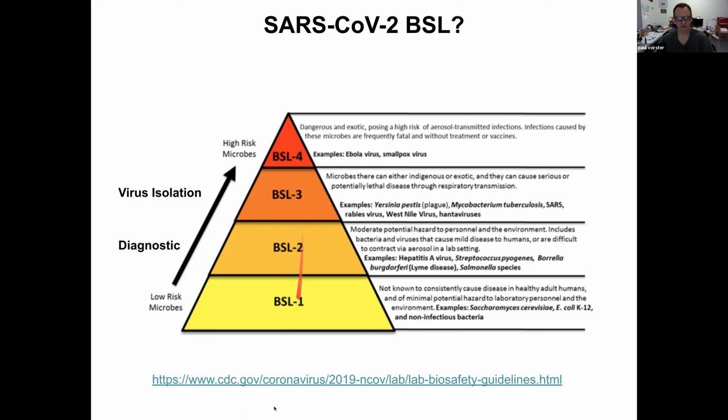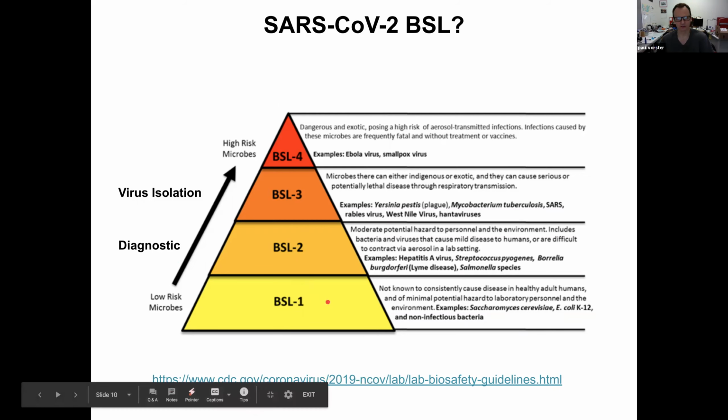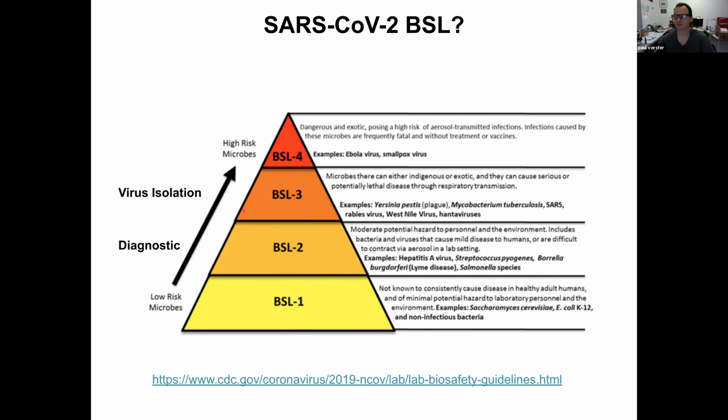And these are guidelines from the Centers for Disease Control, from the NIH. If you are, however, isolating the virus and you're working with a pure virus, it must be done in a biosafety level 3. So hopefully this gives you an idea of how dangerous this virus is that is affecting us at this time, okay?